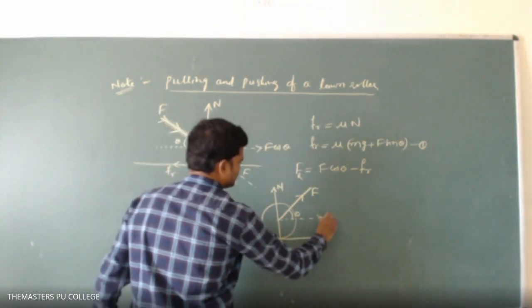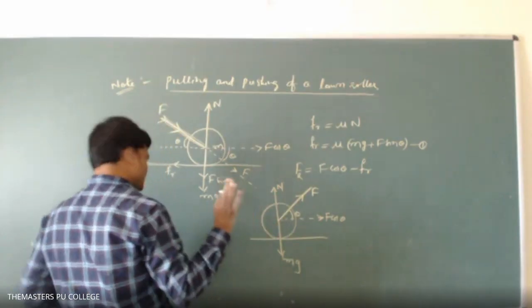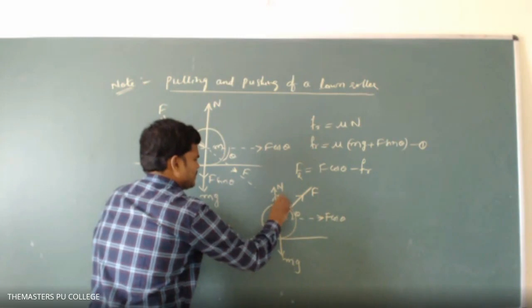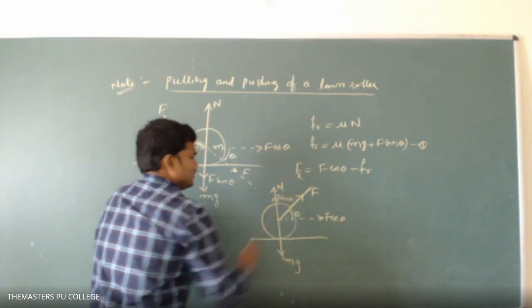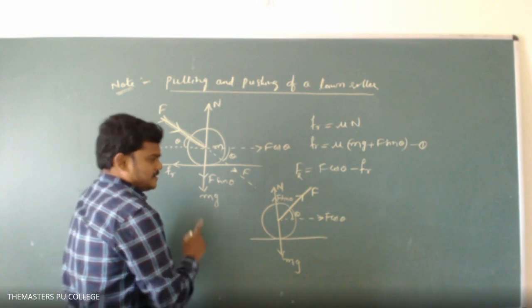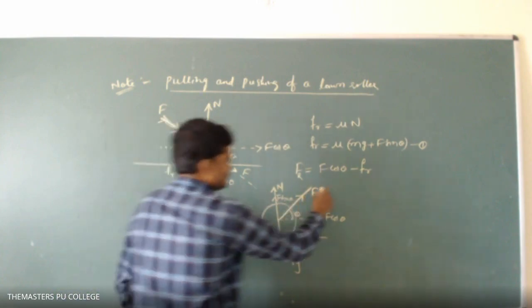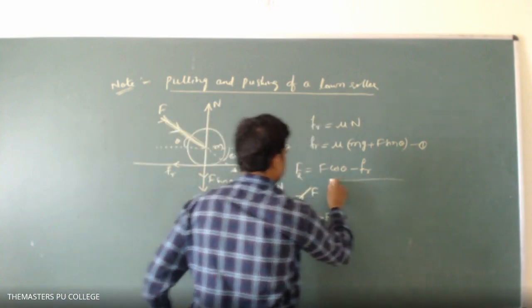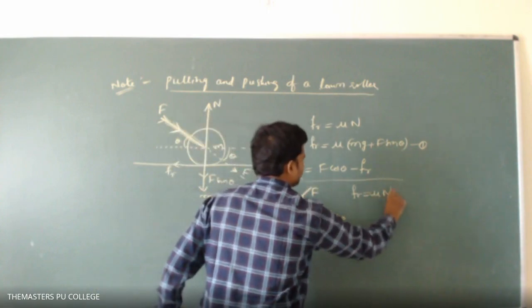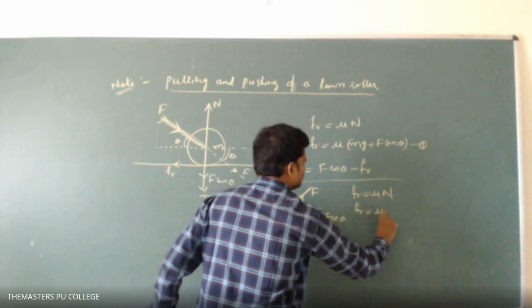What is this component? F cos theta. And in which side will F sin theta act? Upward. F sin theta. From this diagram, Fr is equal to mu N. What is N?